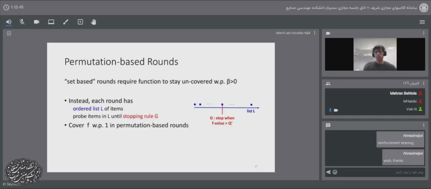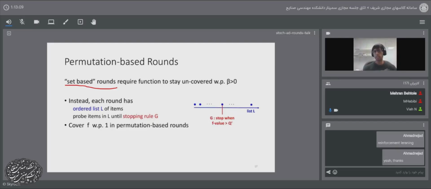But the good thing about this permutation round model is that we can cover the function with probability 1. So when we think of the original set-based round model, it's easy to come up with examples where to get any reasonable bound, you have to allow the function to remain uncovered with some failure probability beta.